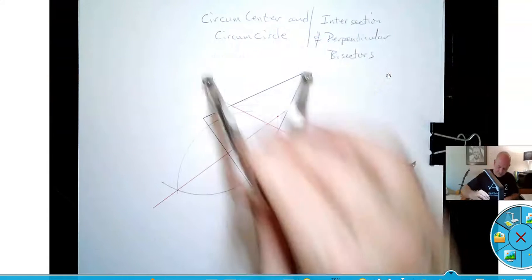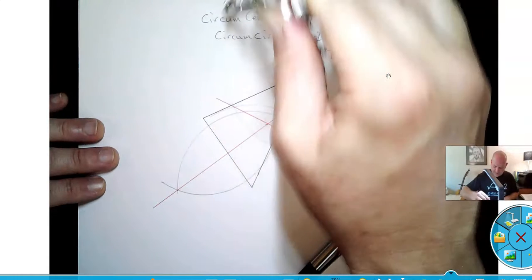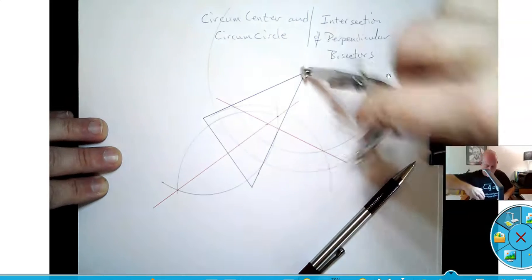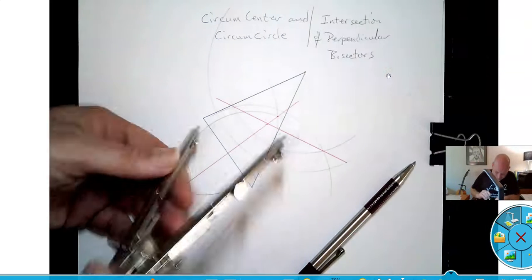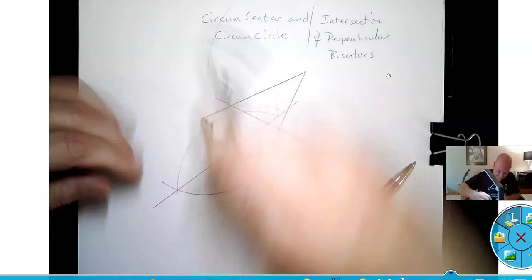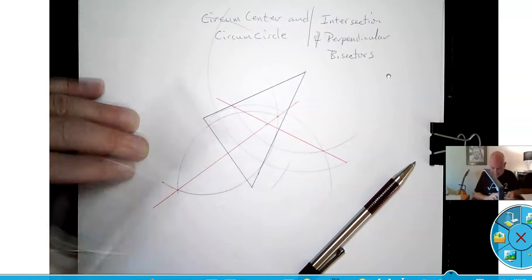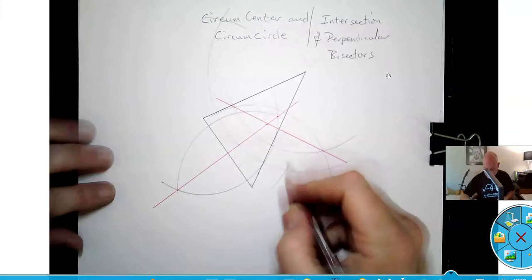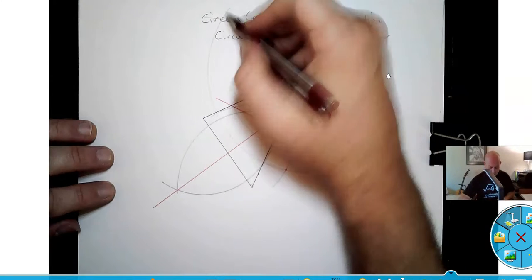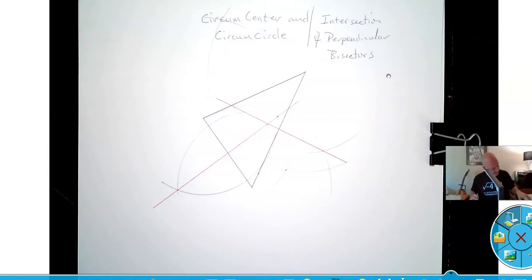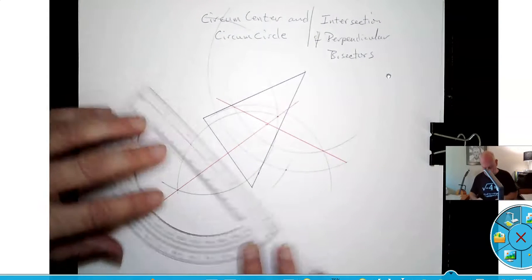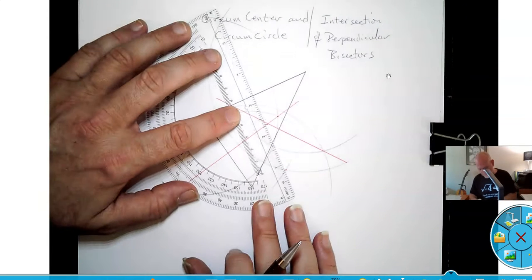There we go. I'm just going to make it bigger. Ooh, too big. Whatever, we'll just do it this way. And now the other side is here. So from here to here should be my perpendicular bisector, as long as I've done this right.